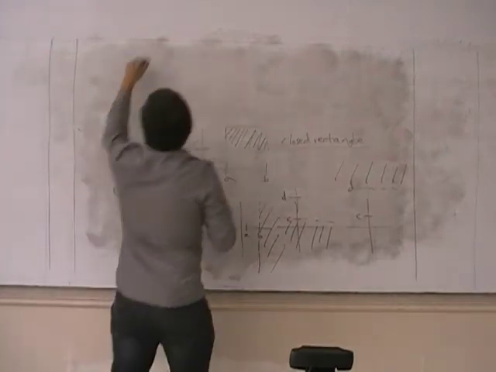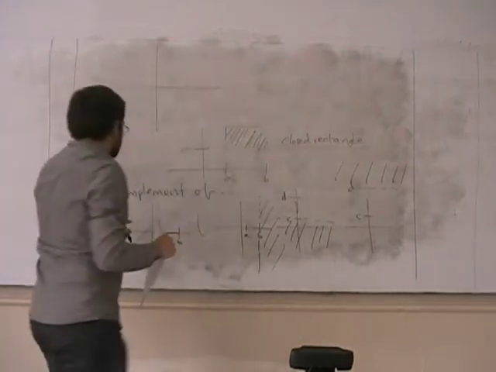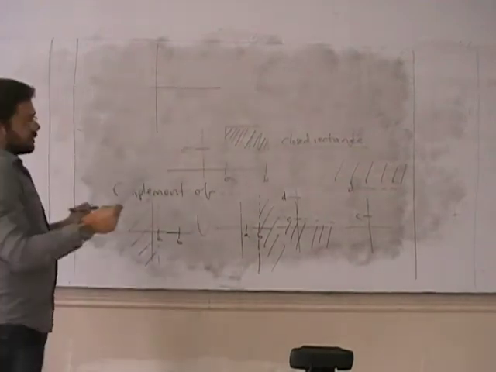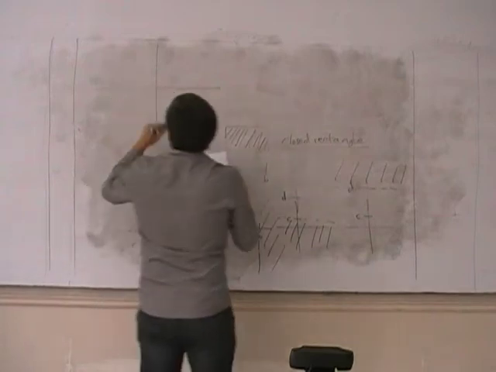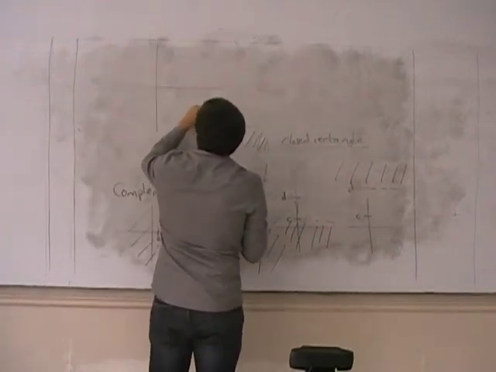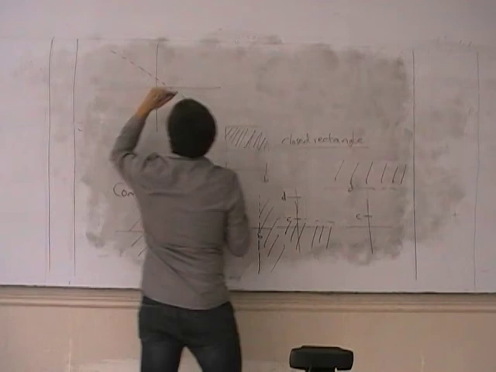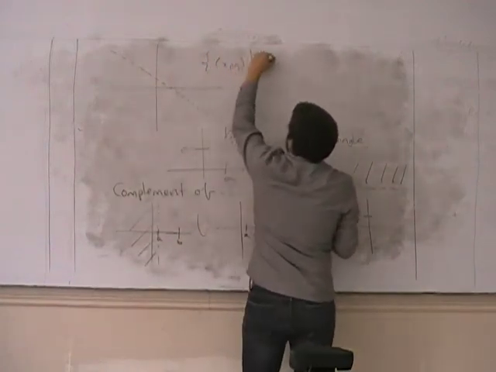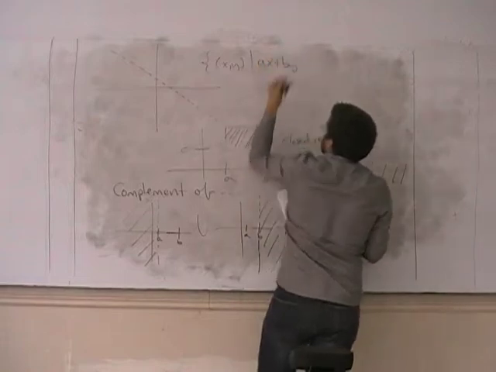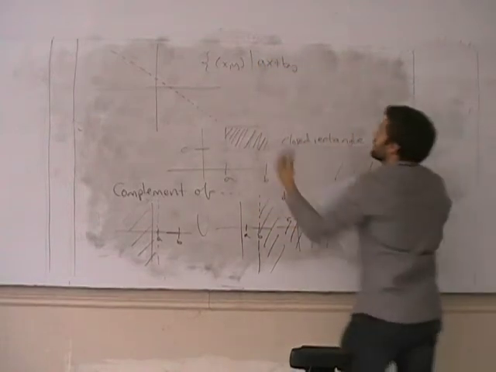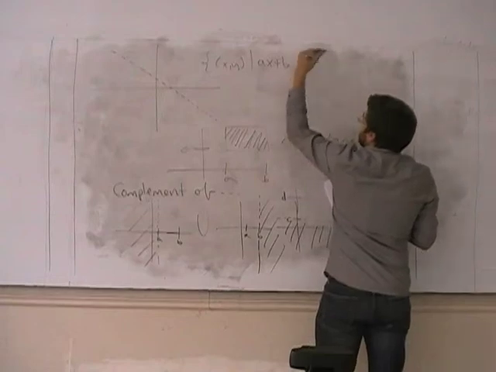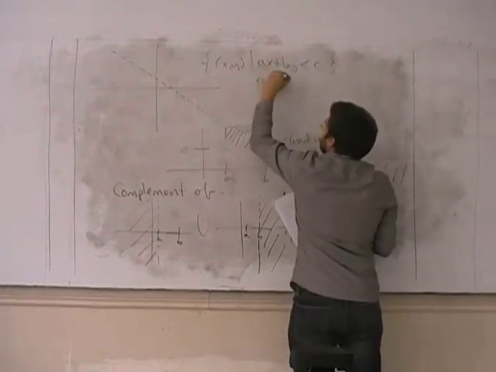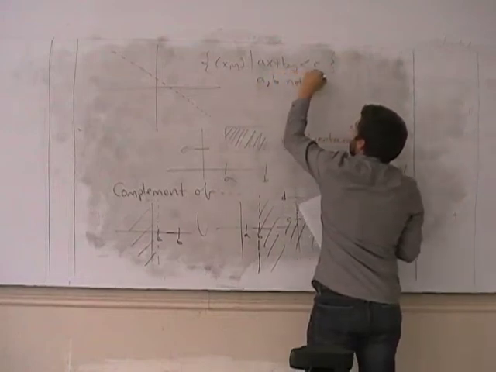So in fact, you could even do this. The complement of this set is the union of four what we call half planes. So remember we had the notion of a line in R2. So you could even take all points x, y, such that ax plus by is, well, you could choose greater than c or less than c. And depending on what you know about a, b, and c, a and b are not both 0.